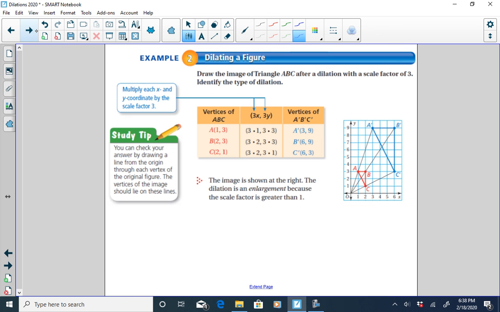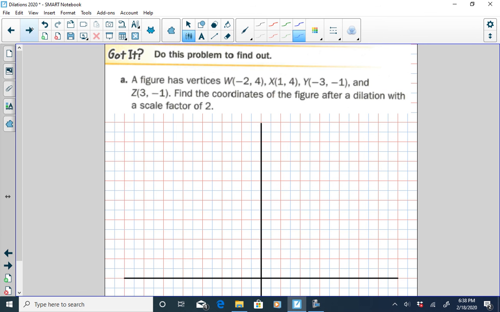Okay. Let's get back to dilations. This next slide is just kind of a summary of what we've done so far. So let's continue. It says a figure has vertices at negative 2, 4; 1, 4; negative 3, negative 1; and 3, negative 1. Find the coordinates of the figure after a dilation with a scale factor of 2.